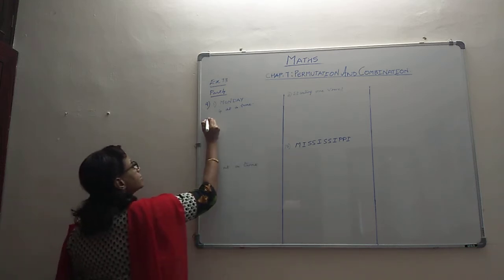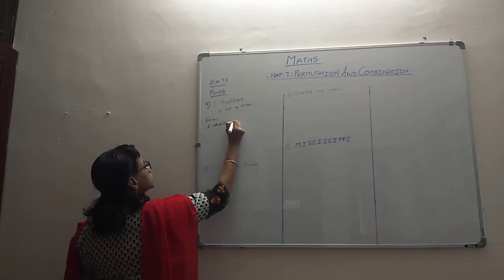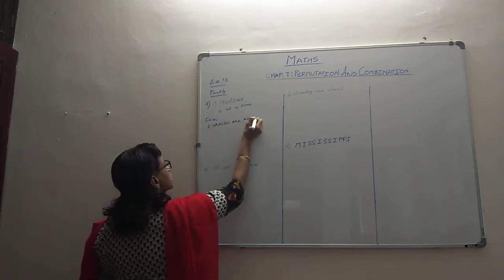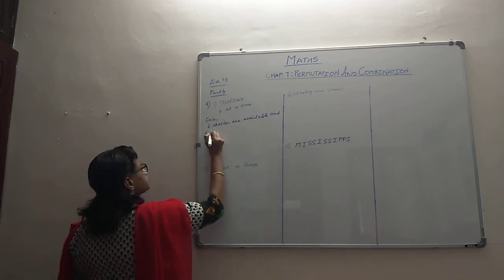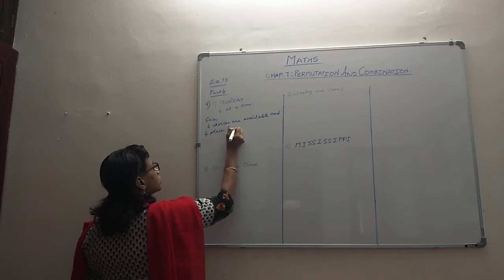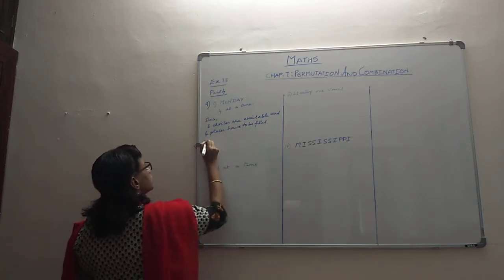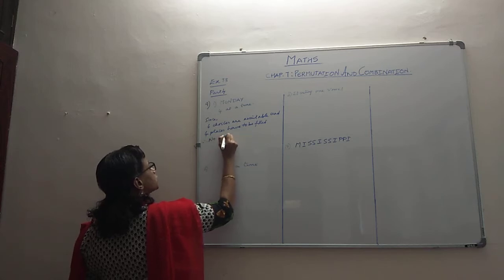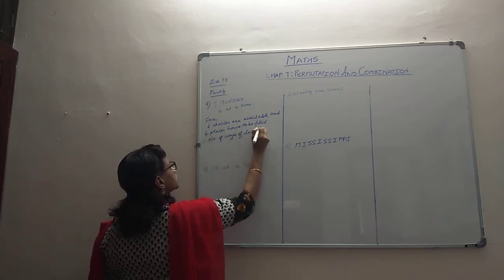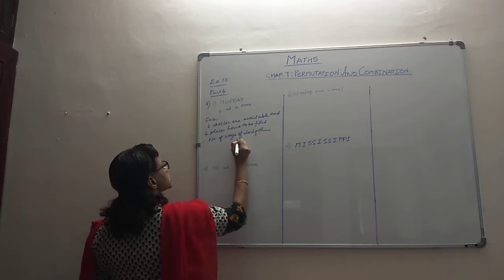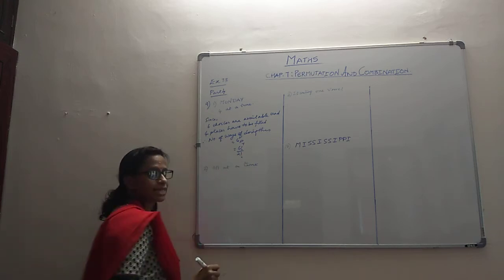So we'll say that since 6 choices are available, and 4 places have to be filled. Therefore, number of ways of doing this is 6p4 by formula 6 factorial by 2 factorial, n minus r factorial.